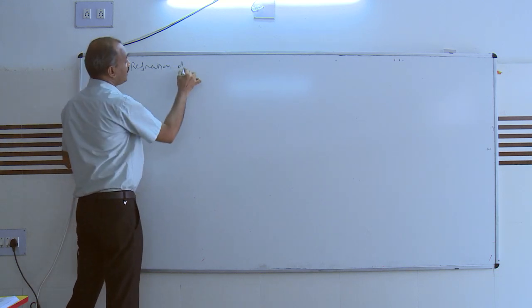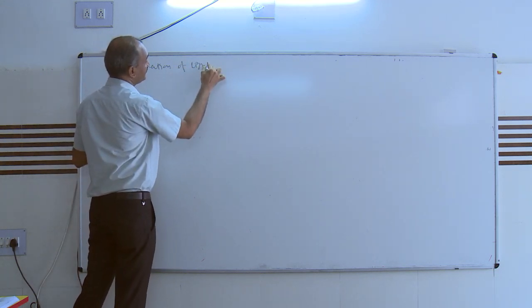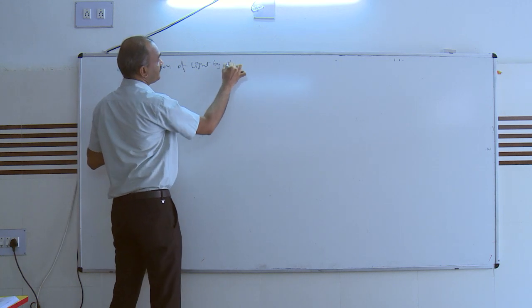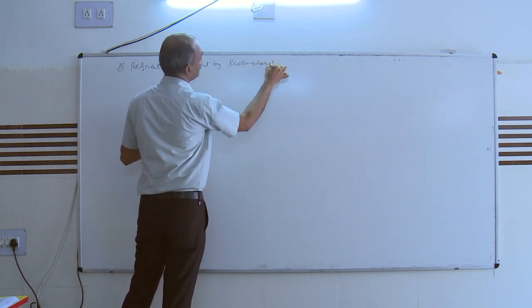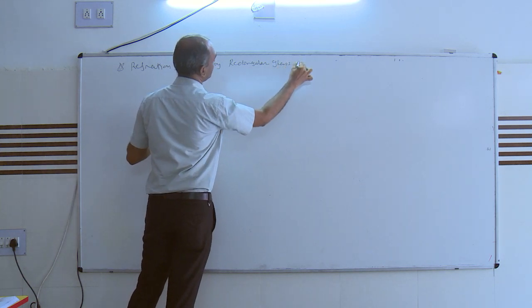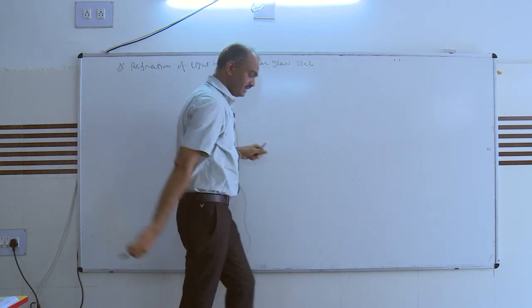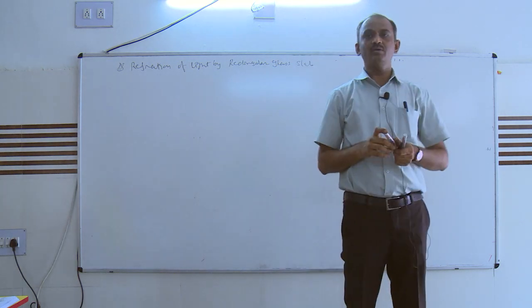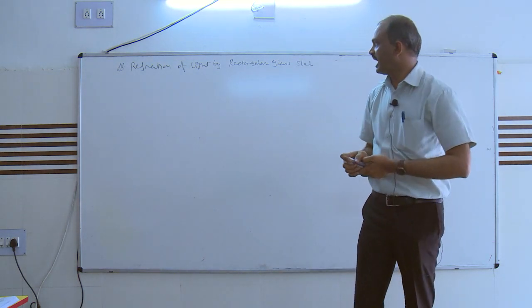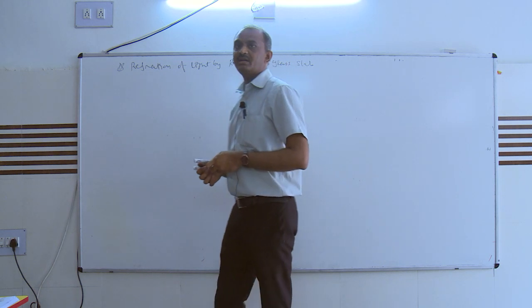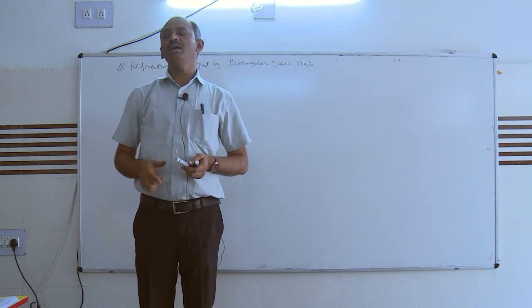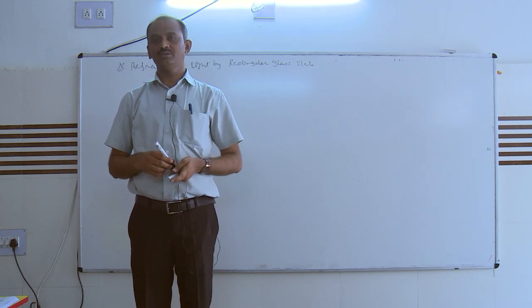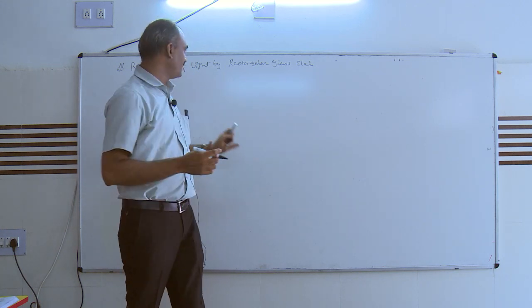Refraction of light by a rectangular glass slab. Here we have to study the refraction of light by a rectangular glass slab. एक rectangular glass slab है, उसमें light जो है उसका refraction कैसे होता है. This we have to understand over here.